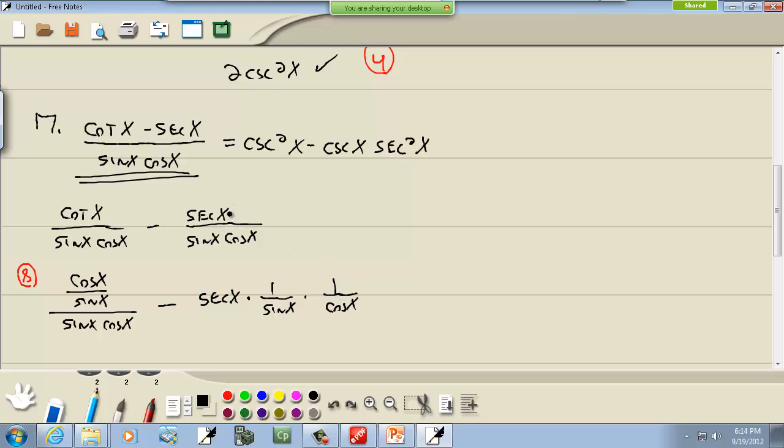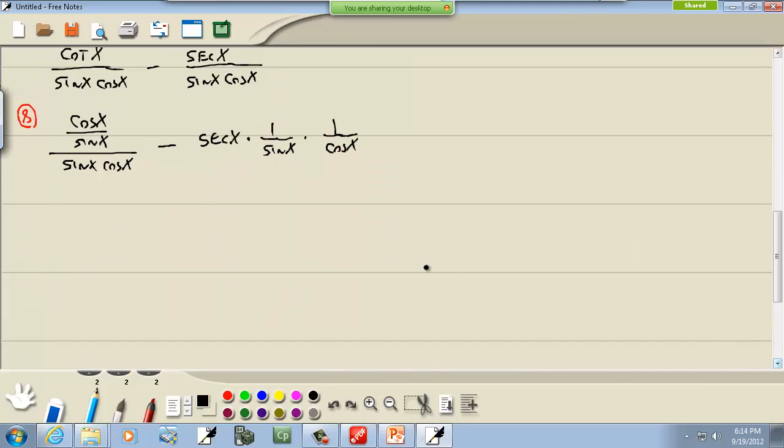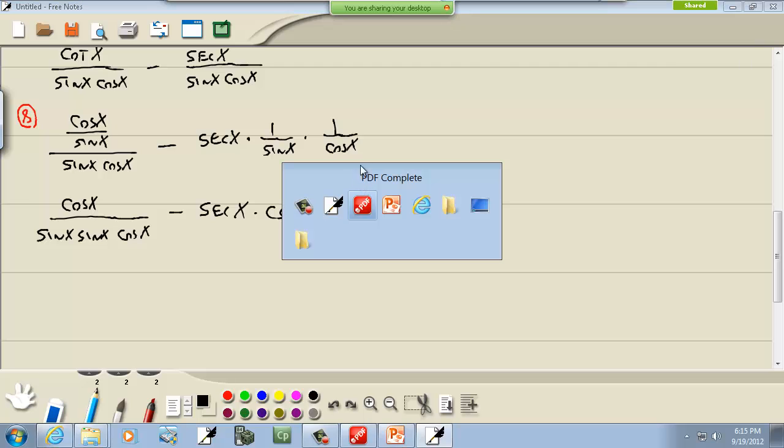The reason I split that up like that is because this is 1 over sine, 1 over cosine. Well, I can bring this sine here and put it down in the denominator. So this would become cosine x over sine x cosine x minus secant x times 1 over sine is cosecant, 1 over cosine is secant.